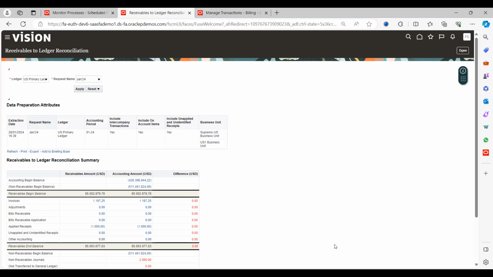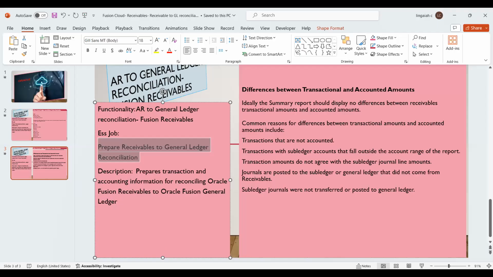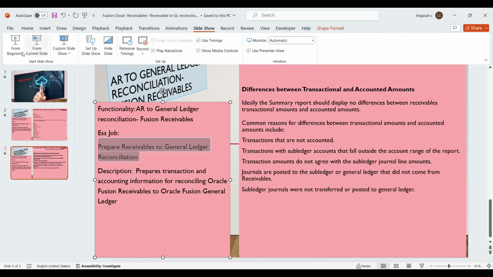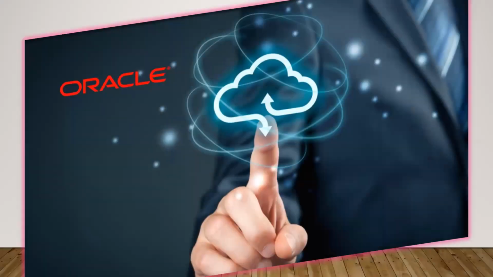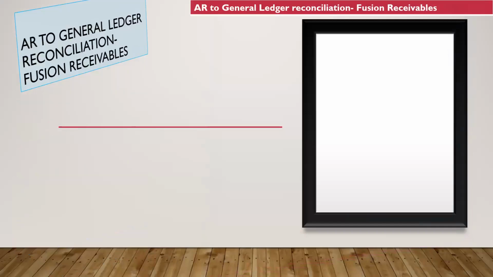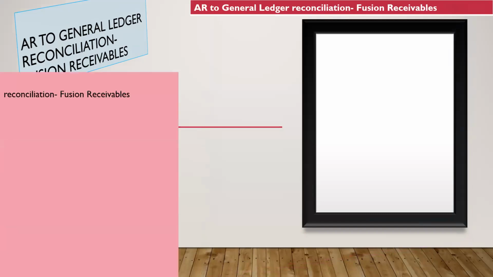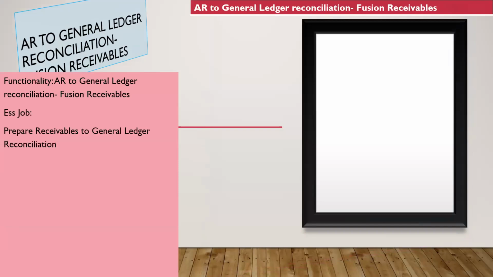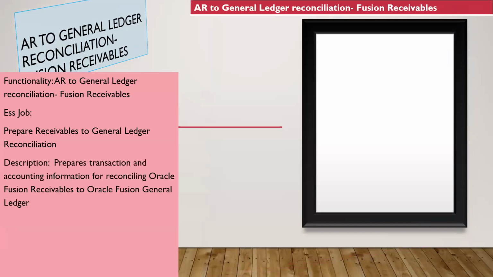So let's get into the theoretical information which we have. AR to GL reconciliation, general ledger reconciliation, Fusion Receivables. Here you can see the functionality and what jobs we need to run in order to generate the AR to GL reconciliation report.